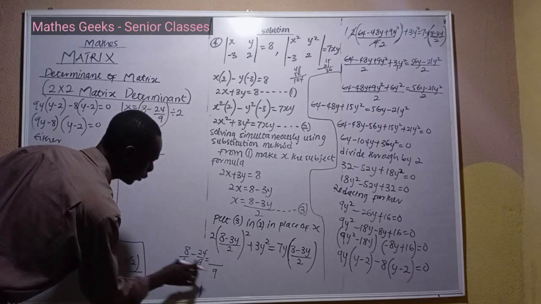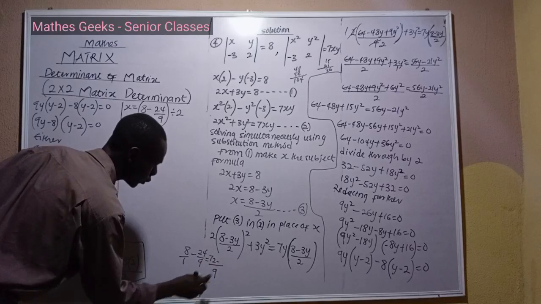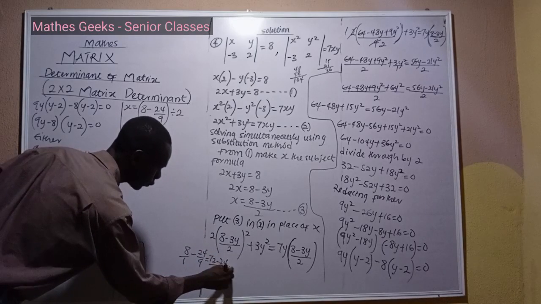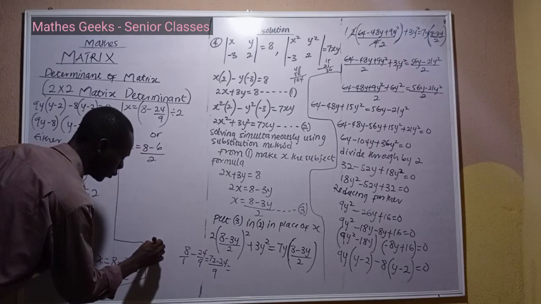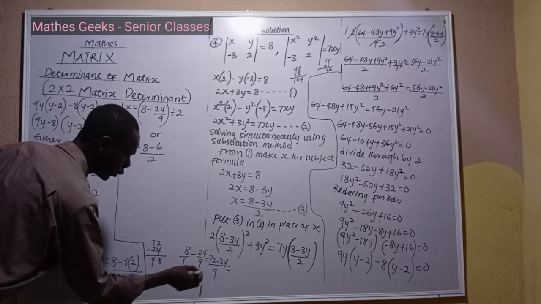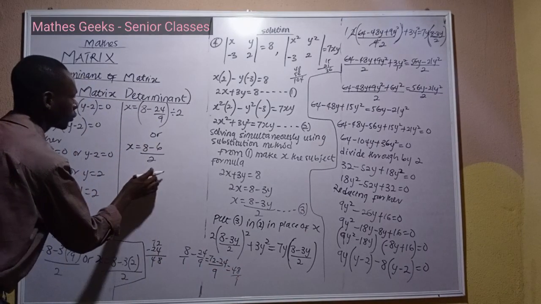The LCM is 9. 9 into 1 is 9. 9 times 8 is 72, minus 9 into 1 is 1, times 24, 24. So we have 72 minus 24, which is 48. This gives us 48 over 9.